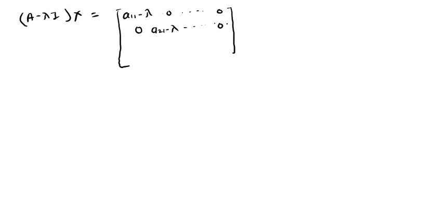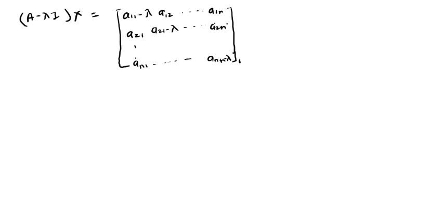The off-diagonal terms will not be 0, they will be like A12 up to A1n, then A21, A22 minus lambda, up to A2n, and so on up to ann minus lambda.